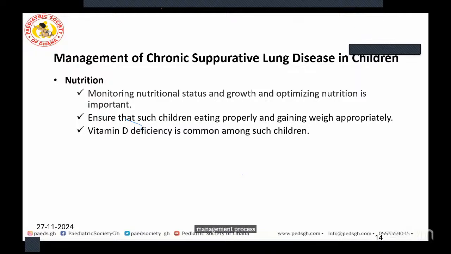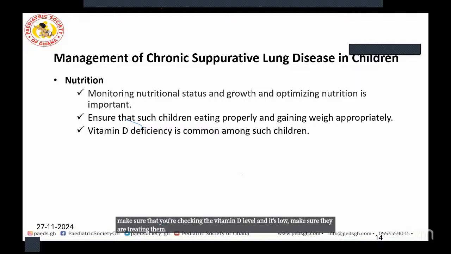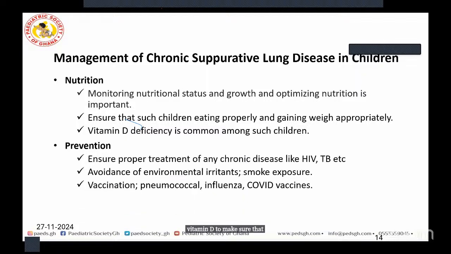Vitamin D deficiency is known to be very common among such children. So make sure that you're checking the vitamin D level, and if low, make sure you are treating them. If you're not able to check the vitamin D level, I think you can just put them on vitamin D to make sure that they are getting enough of that.